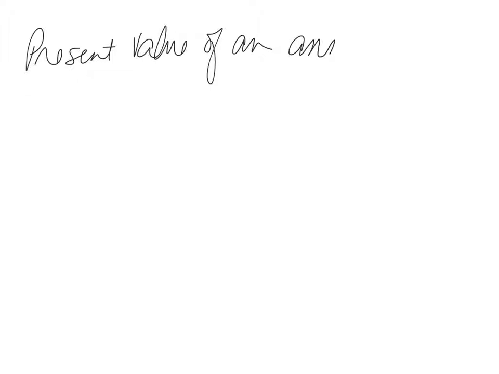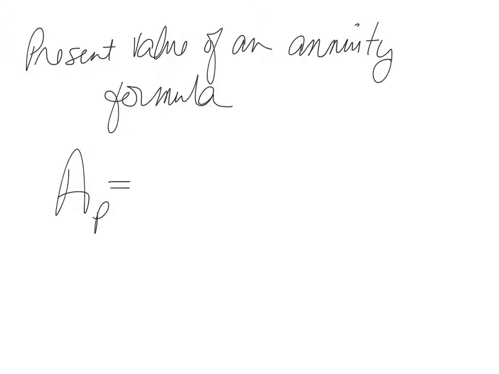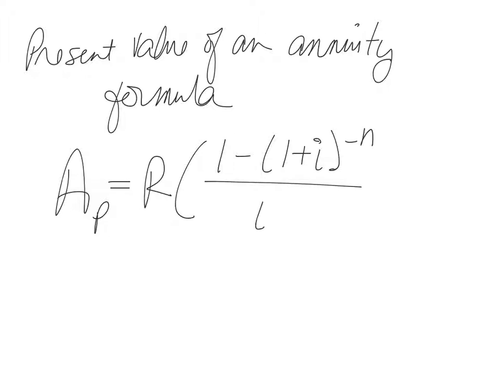Okay, what we just developed through those exercises is called the present value of an annuity formula, which is A sub P equals R times 1 minus 1 plus i to the negative n, over i.